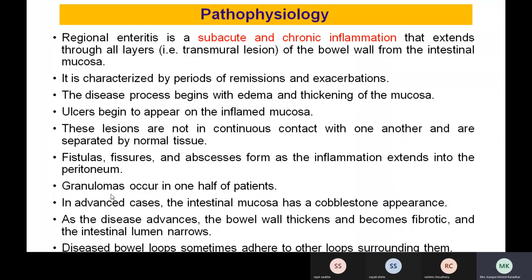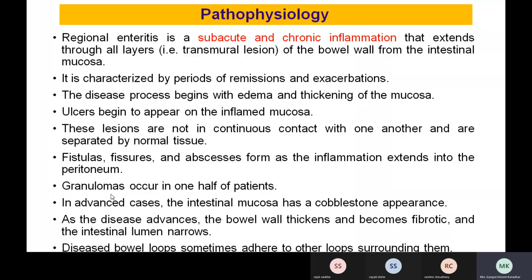They don't make it with full cement or tar, so they use that different type of stone. That is called a cobblestone. So the cobblestone appearance will come to the intestinal mucosa because of these inflammatory changes. I'll show you the picture.